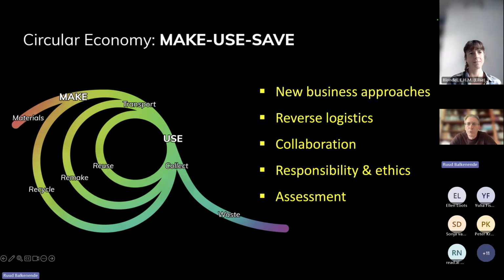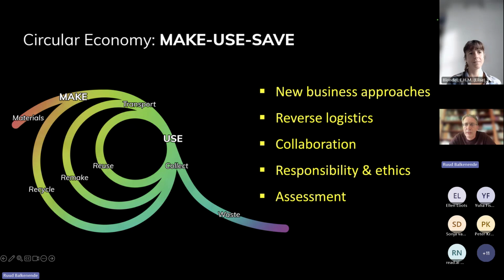Technology enabling reuse, repair, remanufacturing is one thing, but getting it implemented needs considerable additional effort and confronts us with the full complexity of the system. Implementing often asks for a different way of offering the products, new business approaches. Reverse logistics needs to be set up.